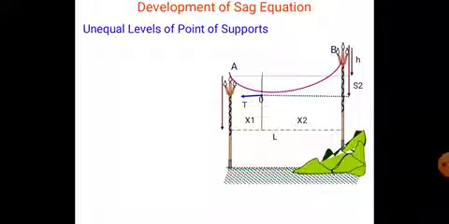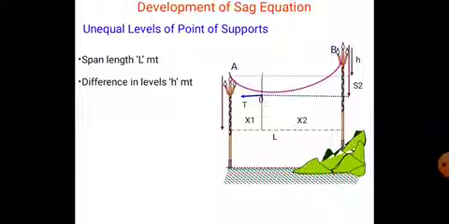Here the weight of the conductor acts downwards and the tension T acts at point O, so S is equal to W x1 square by 2T.